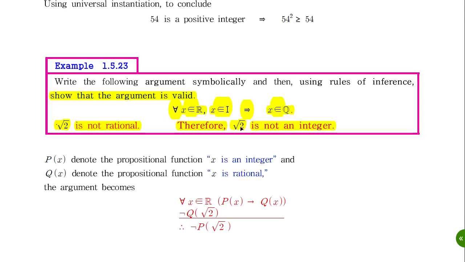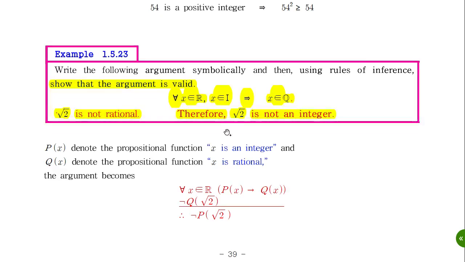So square root 2 is not rational. Therefore, square root 2 is not an integer. If square root 2 is not rational, then square root of 2 cannot be an integer. That's what it wanted to say.